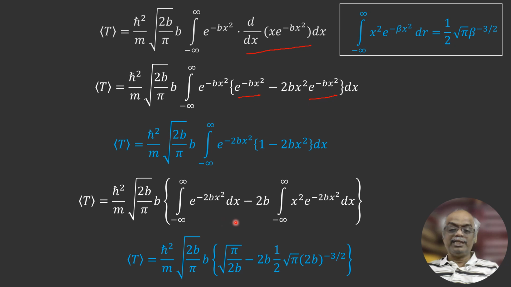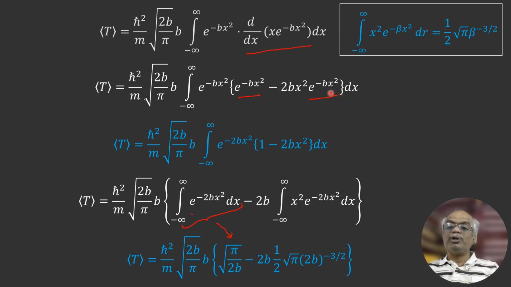We have to integrate these two. Just now, for the normalization constant, we found the value of the first integral, which is the square root of pi divided by 2b. Now we have to find the second integral value.